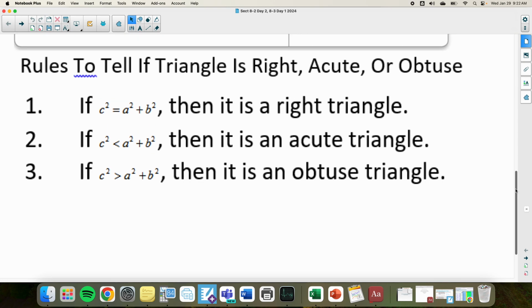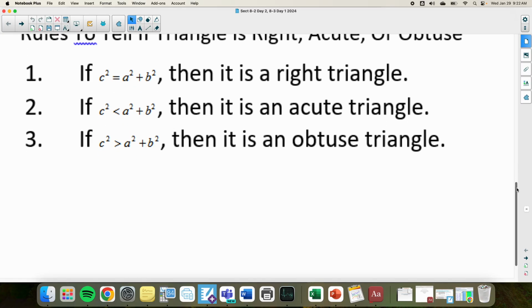In this part, they're going to give you 3 sides of a triangle, and they're going to ask you, could these 3 sides form a triangle? That's the first question. And the second question is, if it can be a triangle, is it right, acute, or obtuse? Okay? So first, let me explain how you can tell if 3 sides make a triangle.